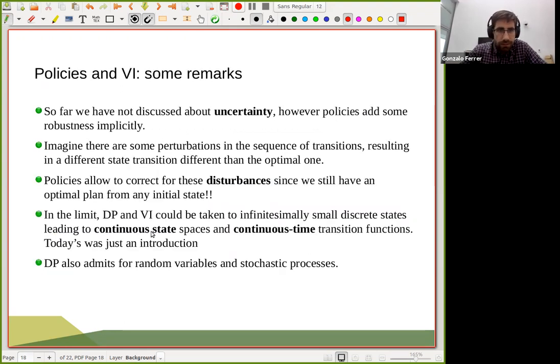Okay, other remarks. We haven't talked about uncertainty, but in this example I already motivated the robustness to perturbations that is implicit in policies. Because you can solve from any state to your goal, that makes you robust to uncertainty. As long as you know what your state is, you are good.